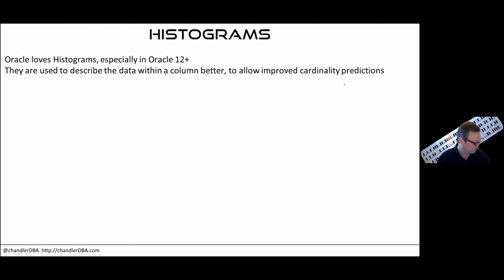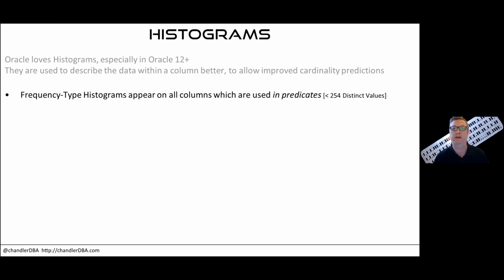Histograms. Oracle loves histograms. They're used to describe the data better within any individual column, and they allow improved cardinality predictions. And the better Oracle gets the cardinality, the more likely it is to get an accurate cost and a better execution plan. Now, frequency type histograms appear on all columns which are used in predicates with less than 254 distinct values.